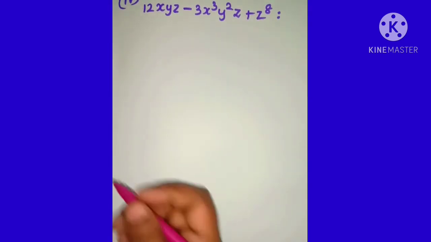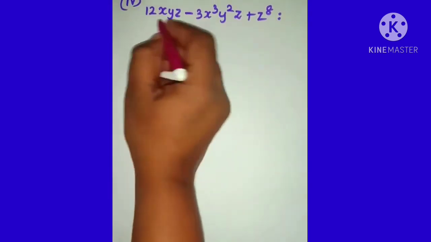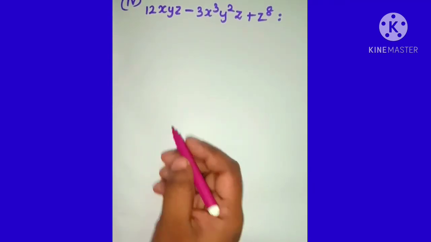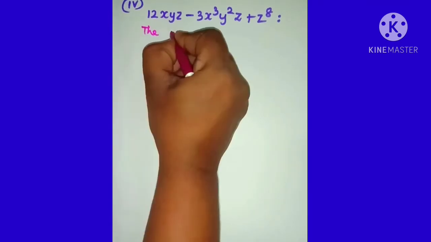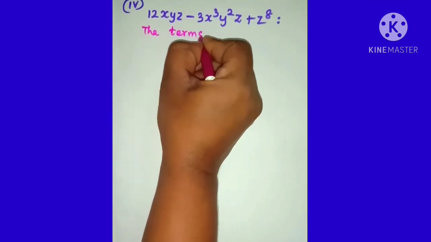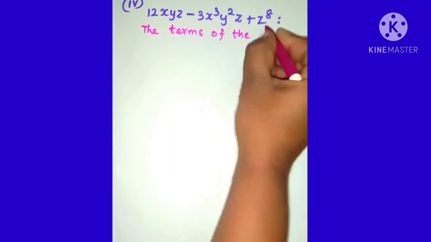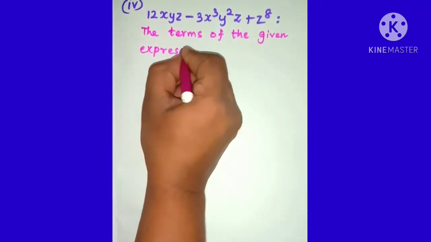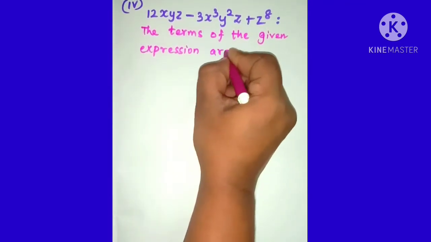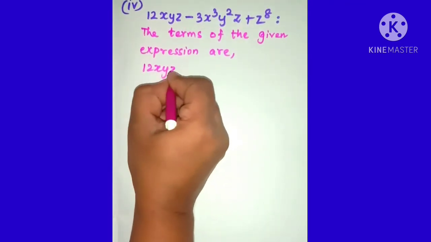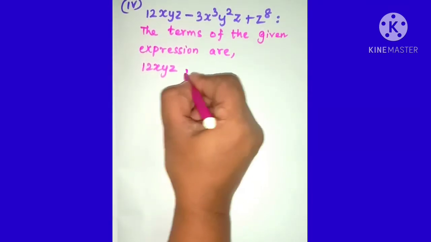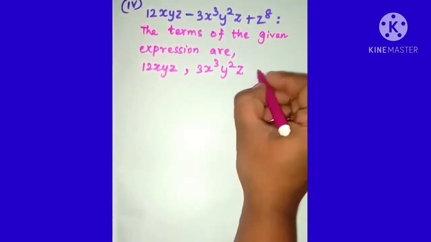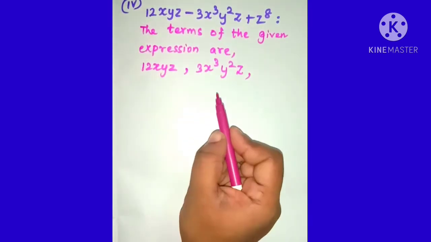So let us first find the degrees of each of the terms. First, the terms of the given expression are 12xyz, the second one is minus 3x cube y squared z, and here minus and plus are the algebraic operations.